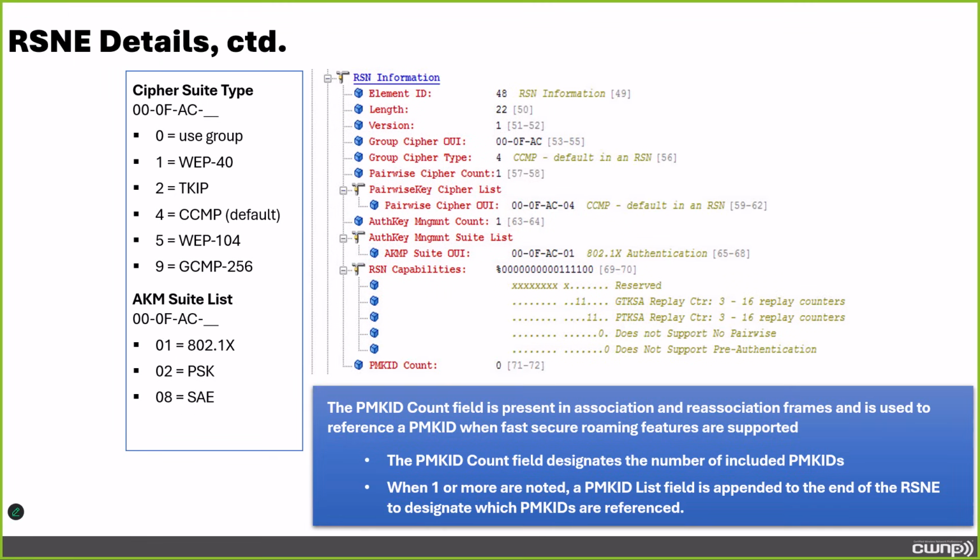And the codes that you'll see are things like the cipher suite. Well, if it's 1, you're really in trouble because you're using WEP. If it's 2, you're in a bit of trouble because it's TKIP. If it's 4, you're probably okay if you're modernly patched. You're using CCMP. If it's 5, you're in trouble again. You're using WEP 104. If it's 9, you're using GCMP 256, so you're probably okay there.